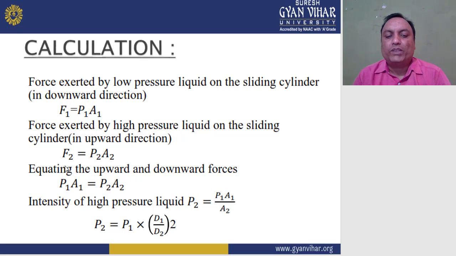This is P2 equal to P1 into (D1 by D2) whole square. So the pressure at the outlet side depends on the inlet and outlet diameters.